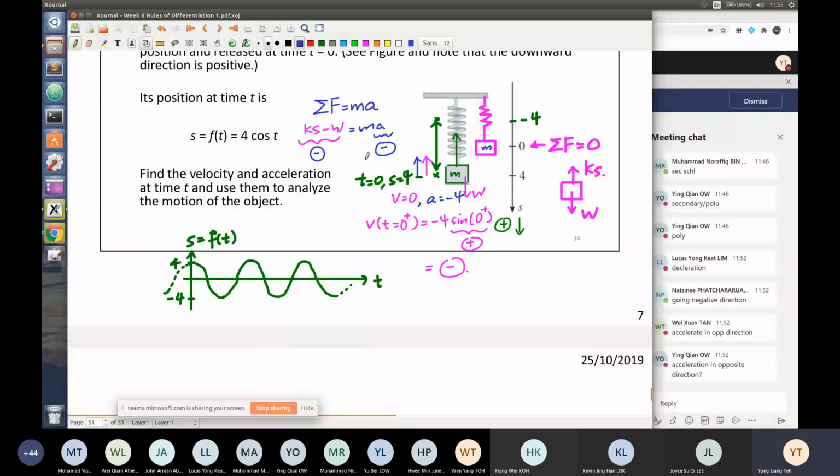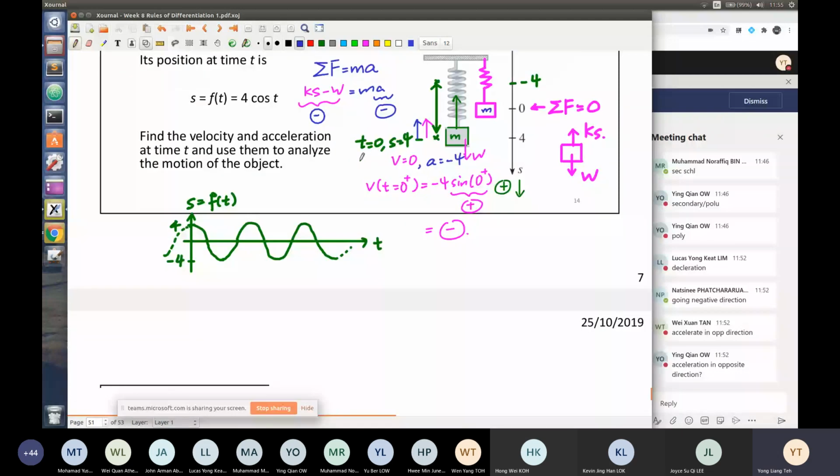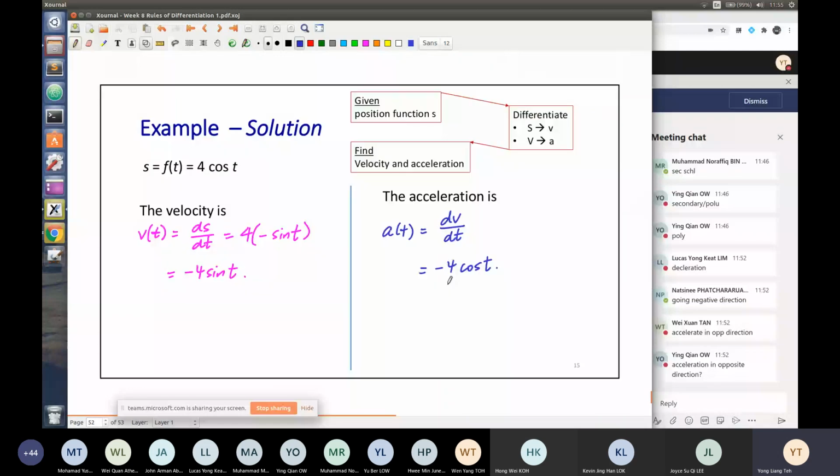So I hope this is making sense to you of why the acceleration is giving you -4 initially. And then, of course, it's still going to vary in a sinusoidal fashion, given by the cosine t, because as expected, after some time, this mass is going to overshoot its zero position.